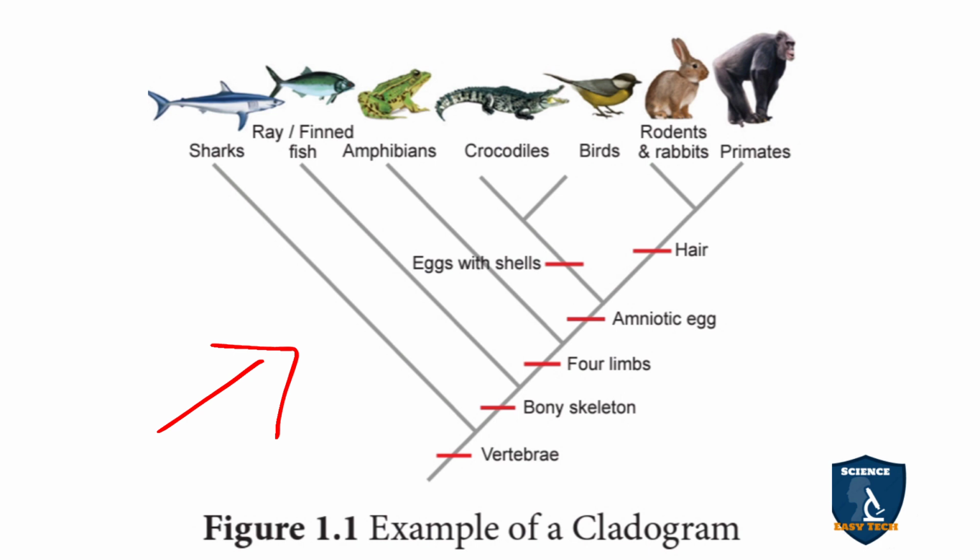You can see each and every animal, from one step to another step: from shark to ray fish to amphibians to reptiles to aves to mammals to the primates, and the primates to human beings. So this is the evolutionary tree, an easy way of understanding by seeing this cladogram.